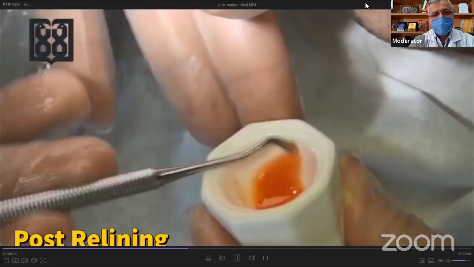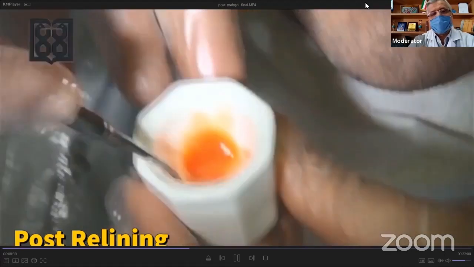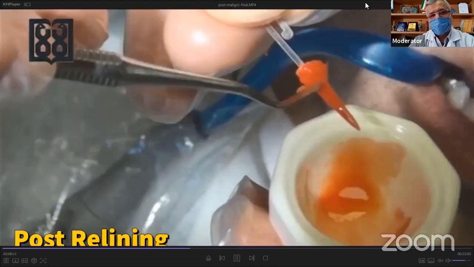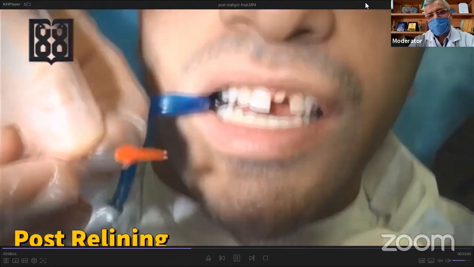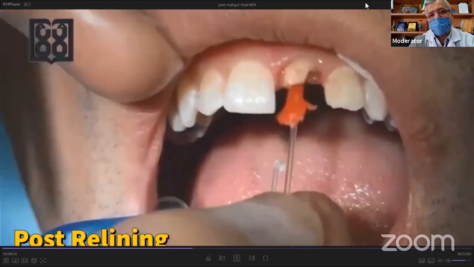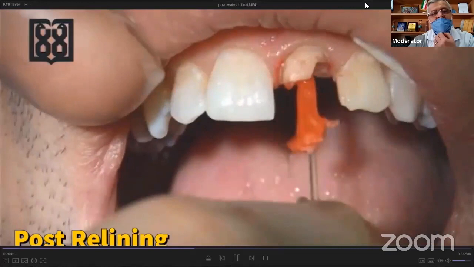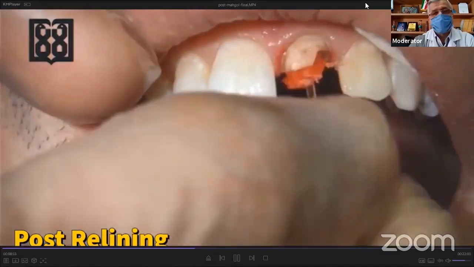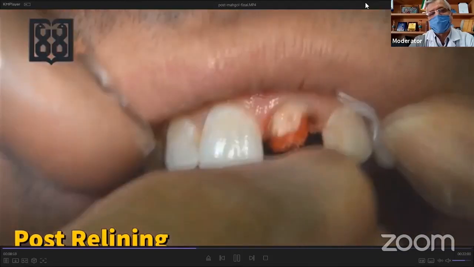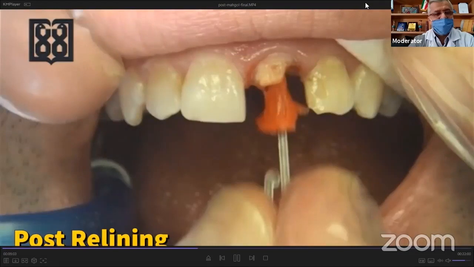At this time, we must use a very low consistency of the pattern resin material, because if it is stiff, it can cause incomplete setting of the post and maybe shorten the post. Also, we must do the pumping action and loosen and reset the post again until the material is set.